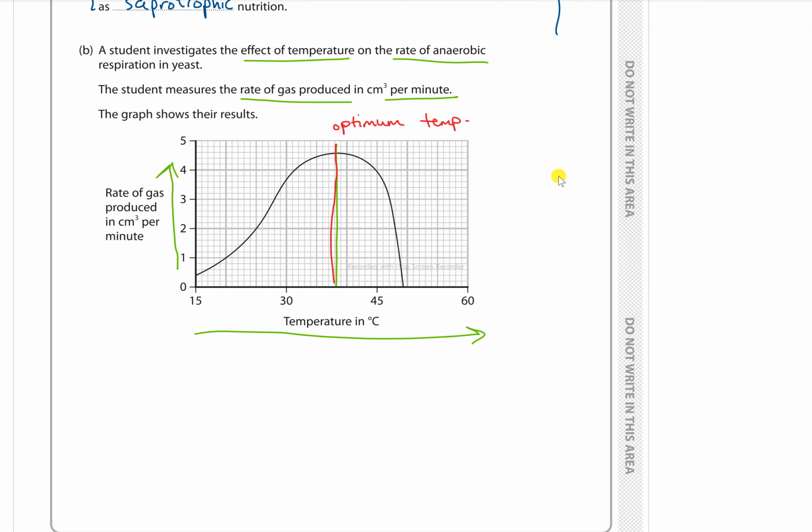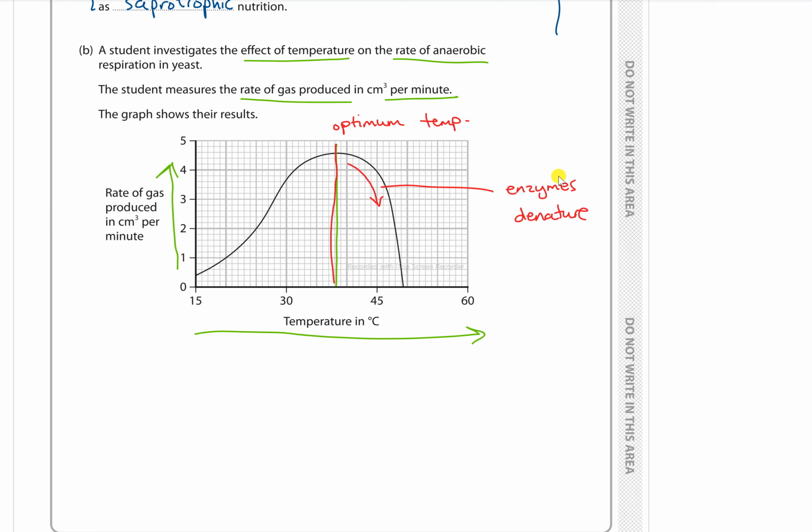This is good to know. After that, the rate of respiration goes down because the enzymes denature. They stop working properly.